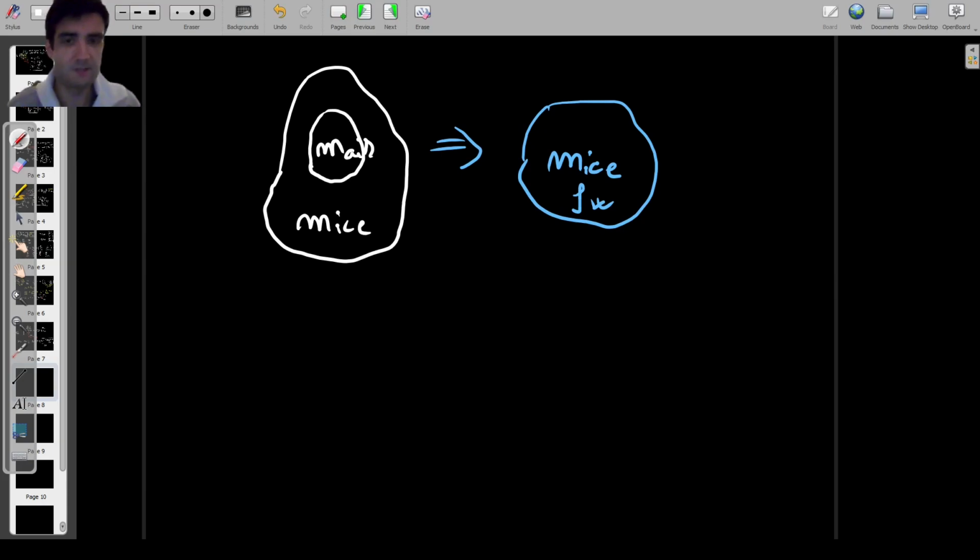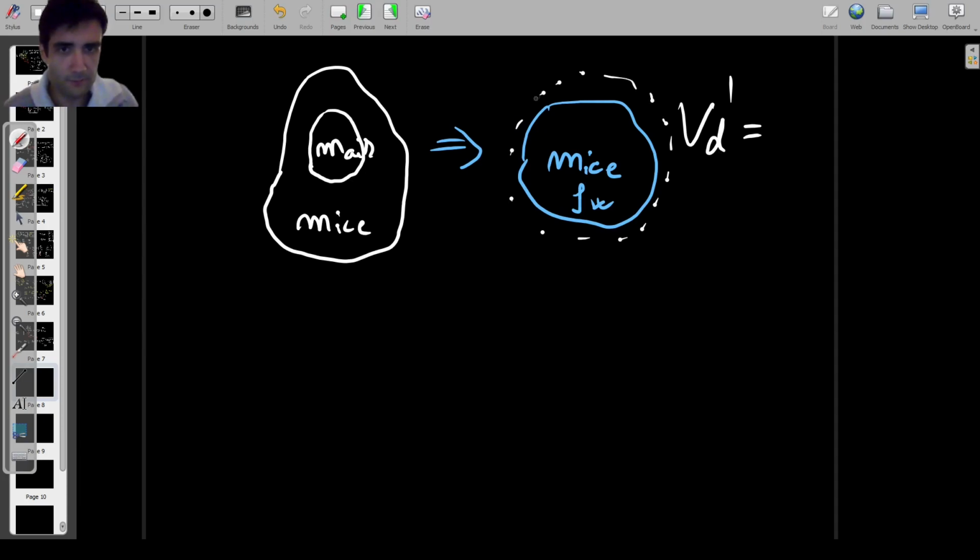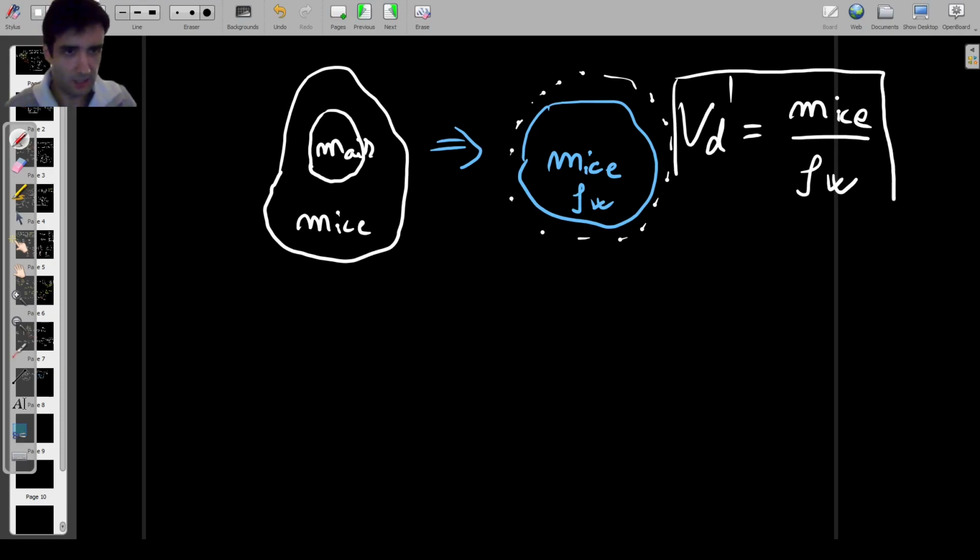So the mass of the air is no longer going to be a part of the problem from this point onwards. Okay, so then the volume of the displaced water in the second case, it's just going to be the volume of the resulting water, which is going to be the mass of the ice divided by the density of the water, like that. Okay, and we'll call this 2.